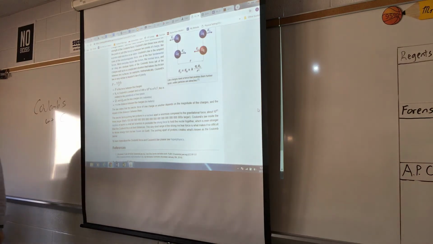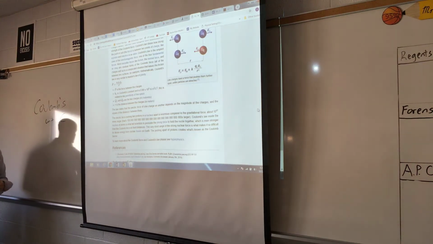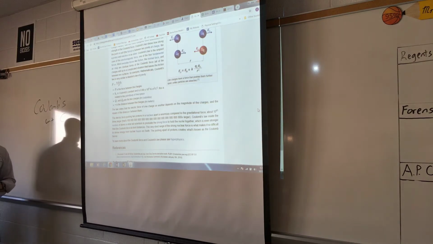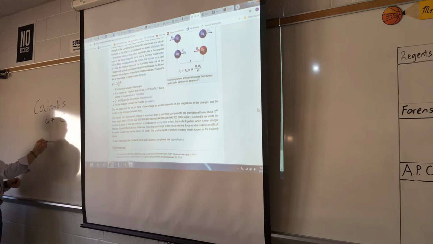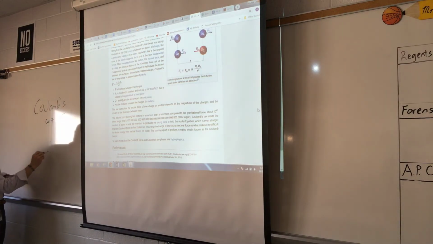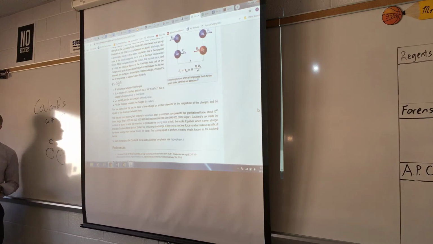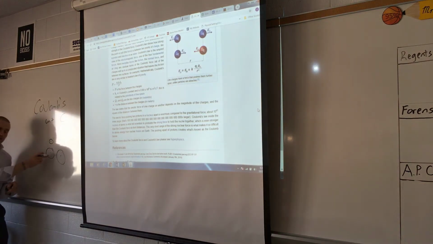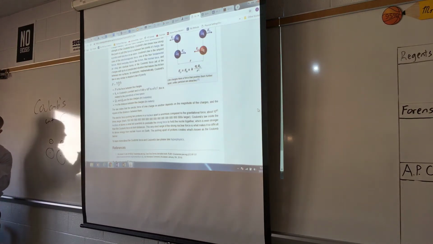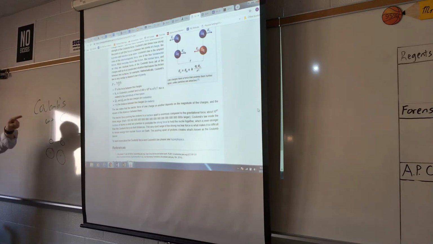So where we're headed with this is, I'm getting a little bit ahead of myself here, but if you have a set distance between, so let's say you have two particles here and two particles here. Let's say these two are this big, but these two are that big. Which two are closer? The bottom two, right? So the bigger the charge, the bigger the particle, and the more magnitude, the stronger this force is going to be.